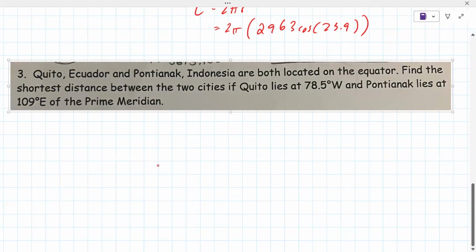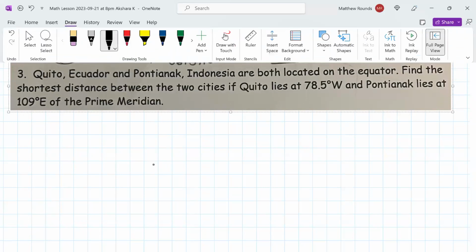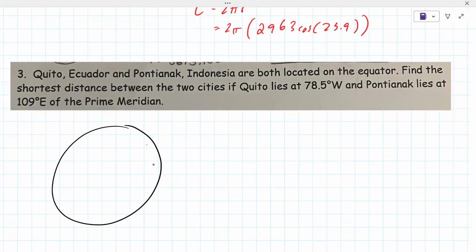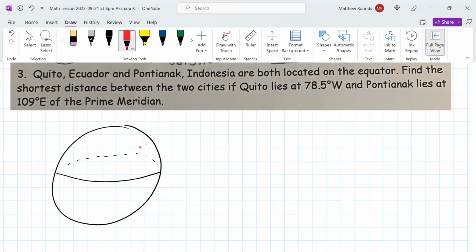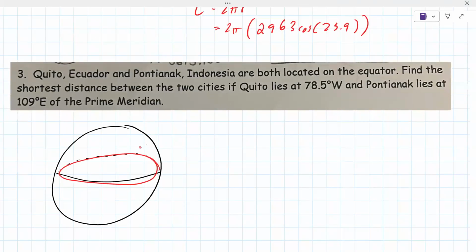All right, so again, we'll draw a globe. They're both on the equator.